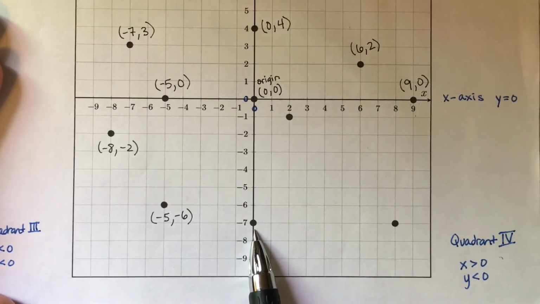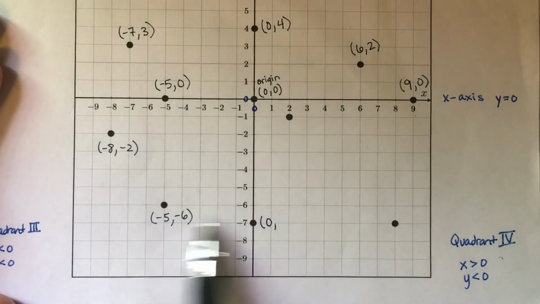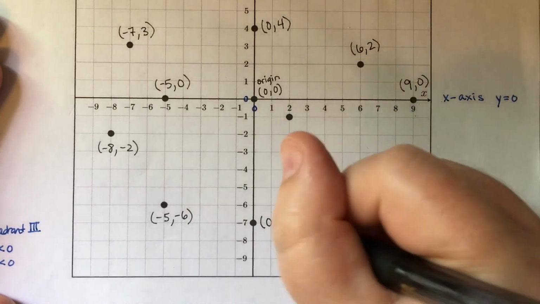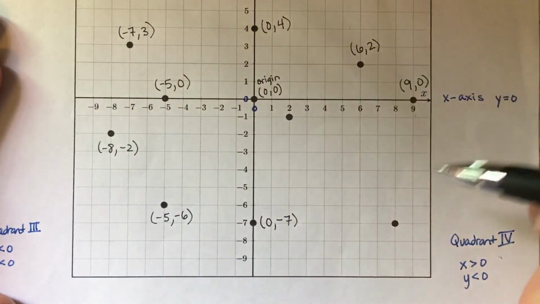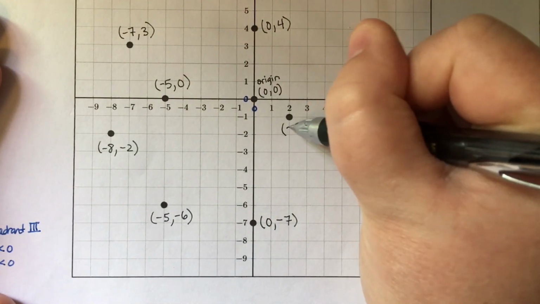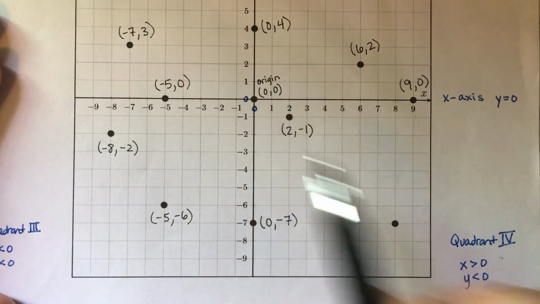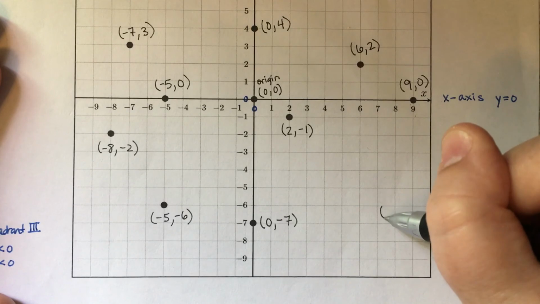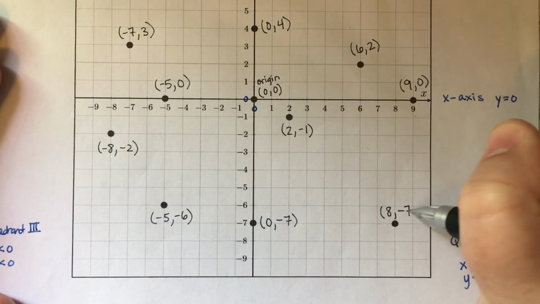On the y-axis here, we have a point where x is 0 because we don't move left or right at all, but the y value is negative 7. 2 more to go. This one is (2, -1). X is positive, y is negative. Same thing over here. In quadrant 4, the x value is positive and the y value is negative.